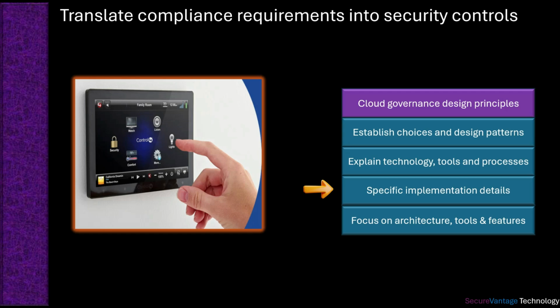The guide should also provide platform-specific implementation details that your IT and dev teams can use when creating and deploying cloud-based workloads. And the guide should focus on the architecture, tools, and features of your chosen platform when making design decisions and providing guidance.